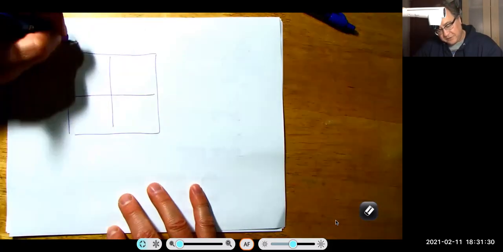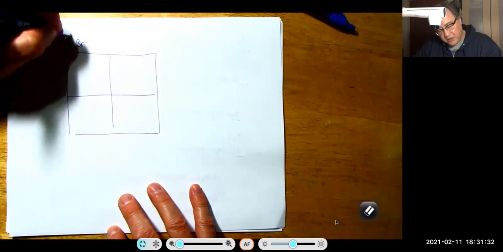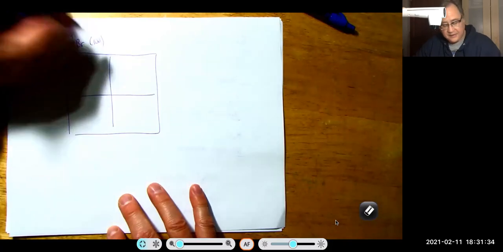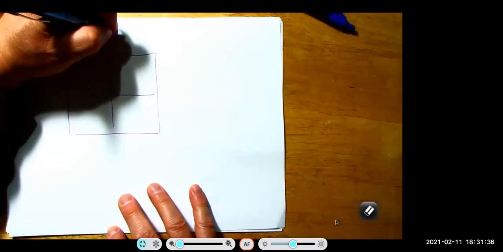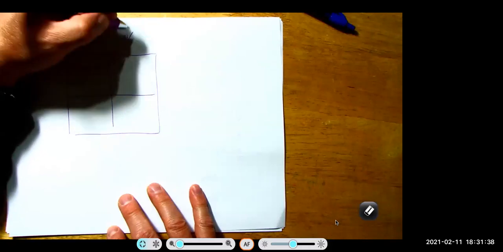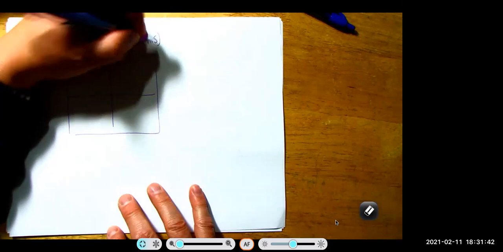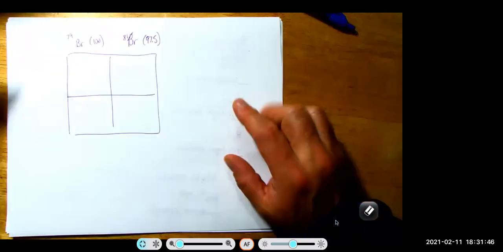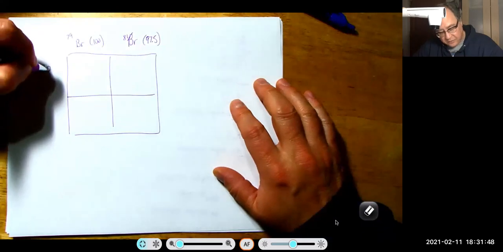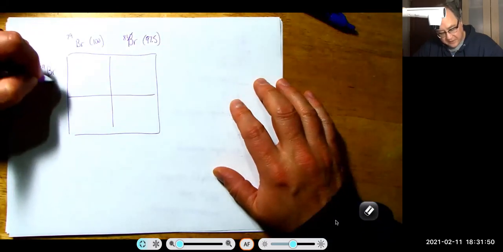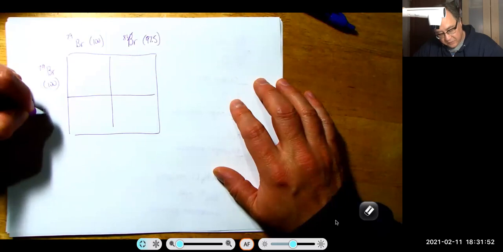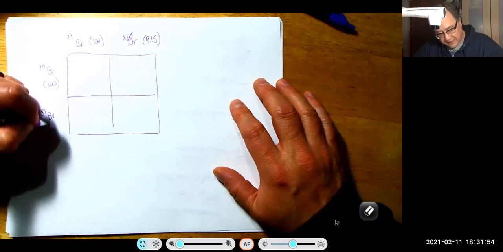I'm going to call this Br79, which is 100 for intensity, and this one Br81, which was 97.5 for intensity. So they're pretty close. And I'm going to call this one 79 with 100, and this one 81 with 97.5.